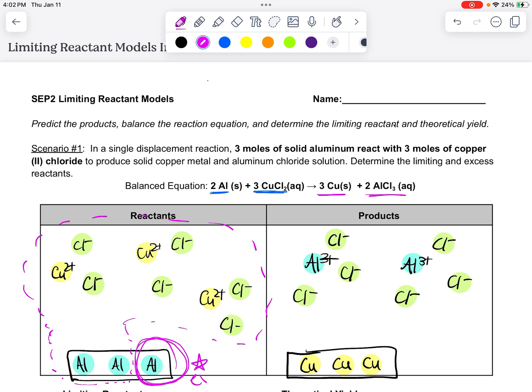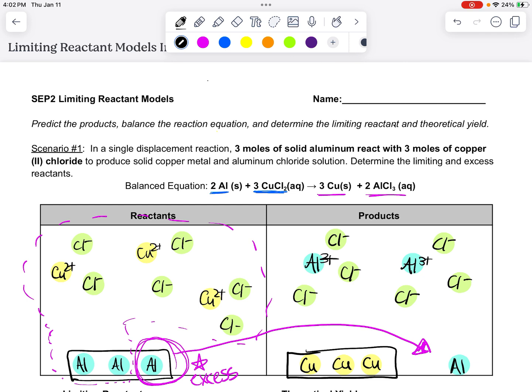We call that our excess reactant, okay? And we also want to draw that on the product side. No, it is not created in the reaction, but it is also still present. So we would want to show that at the particulate level that I would still see some aluminum left over. And if this was our lab that we did, we would see that silvery white metal on our filter paper when we filtered out our copper.